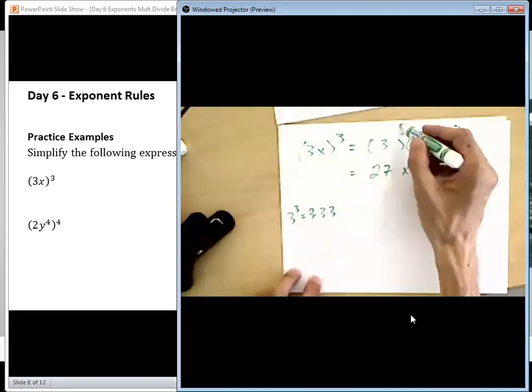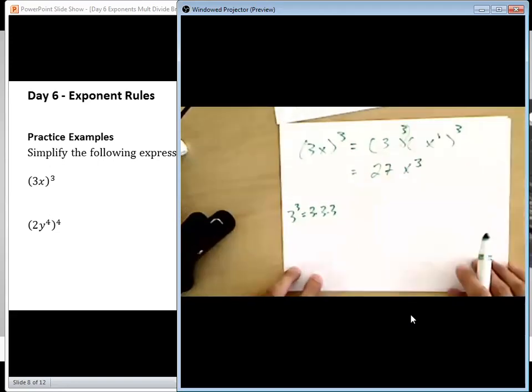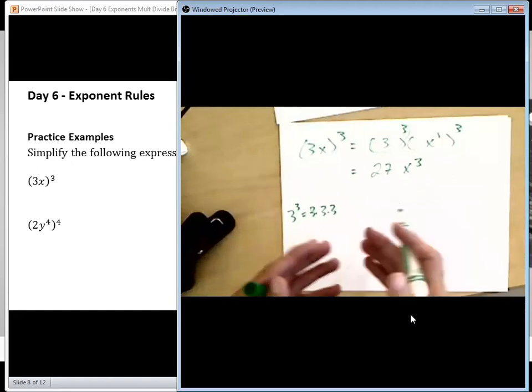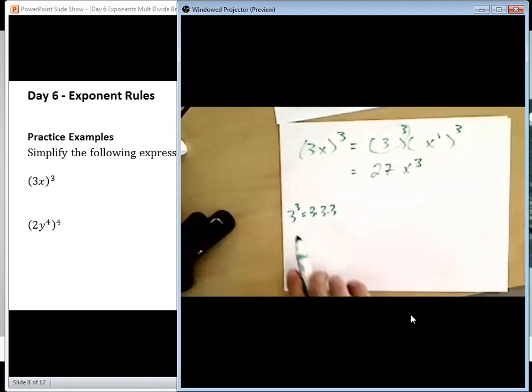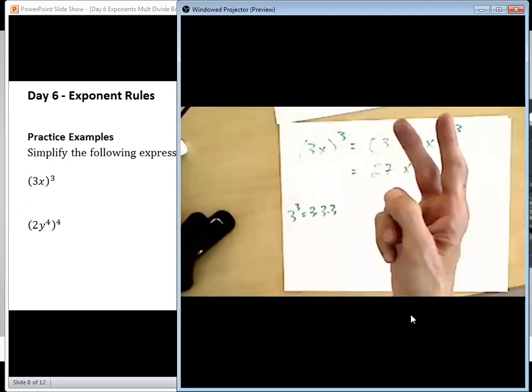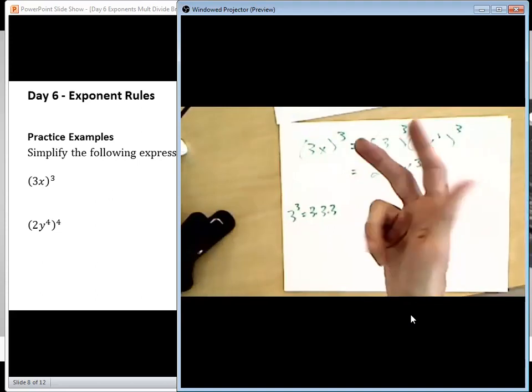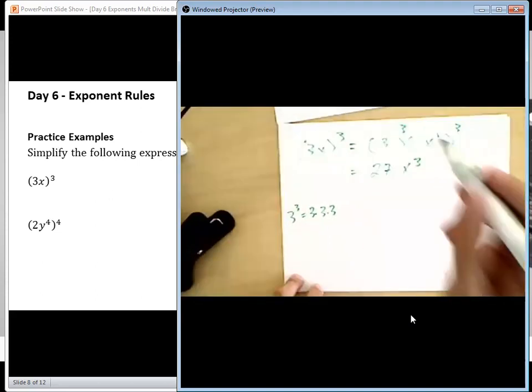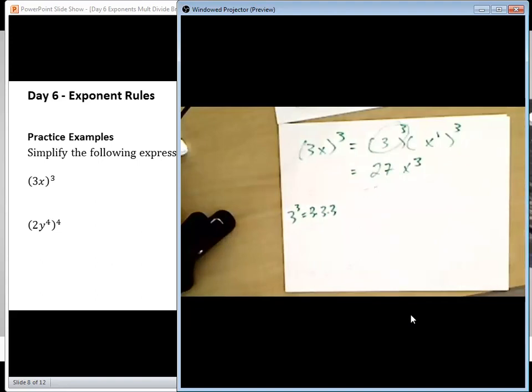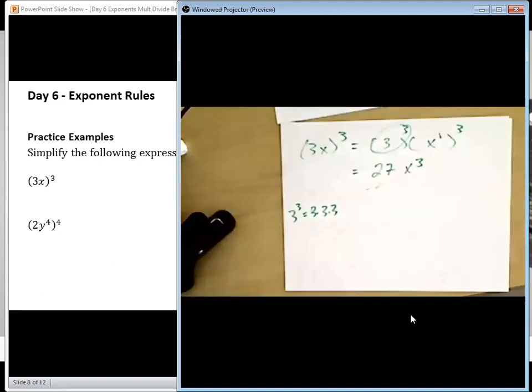That's what this symbol means. 3 times 3 times 3. Spread it out. Okay. What's 3 times 3? 9 times 3. See? 27 like that then, eh?